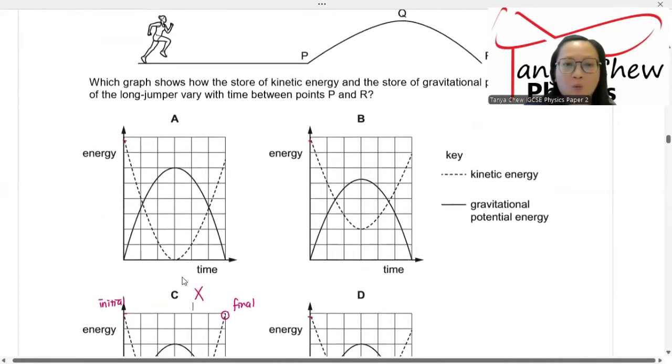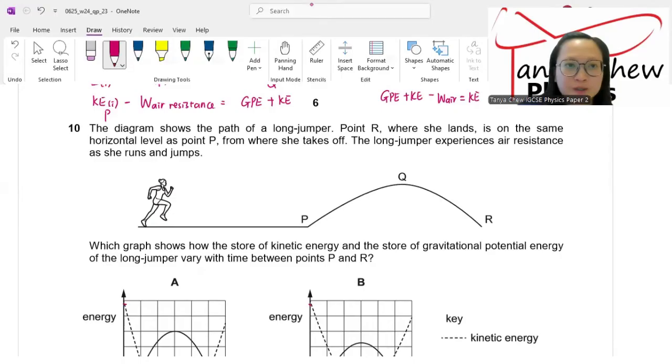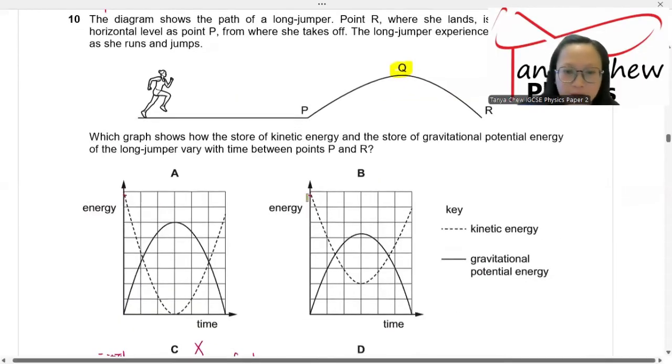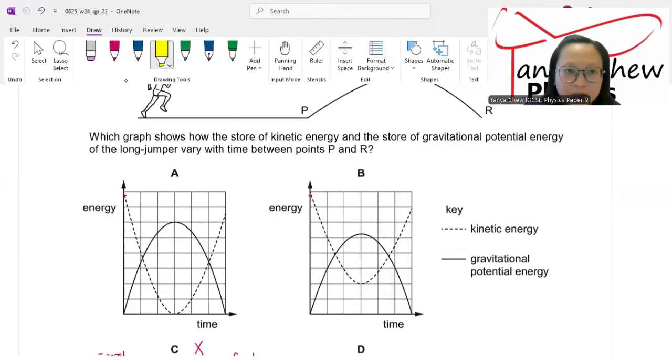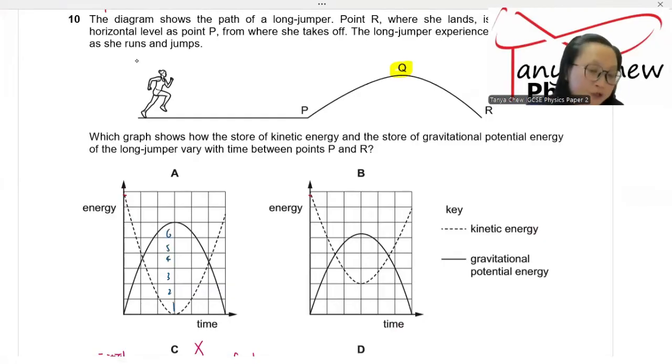Right. Now, what about at point Q? Okay, we look at point Q. At point Q, as I mentioned, there is still kinetic energy because the long jumper is still moving. So at point Q, she needs to have kinetic energy and potential energy. Let us see. So this is gravitational potential energy. I just count the number of boxes here. I have 1, 2, 3, 4, 5, 6 boxes for gravitational potential energy.